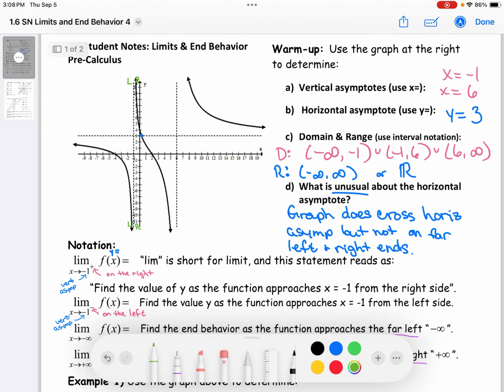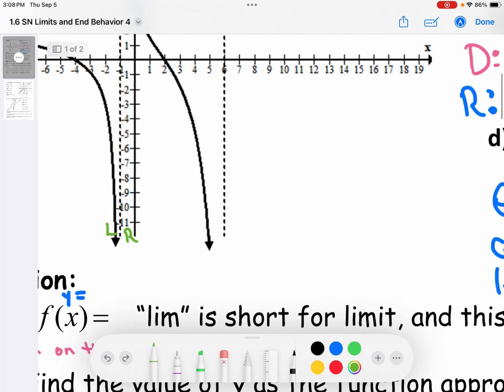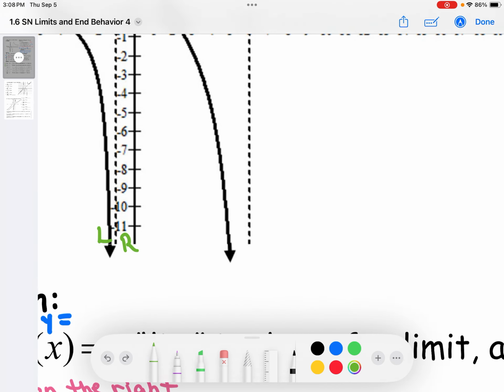If we look at the graph, as x is coming close to -1 from the left, the negative side, our y's end up going down, down, down. On the left side of the dashed line, the graph goes all the way down.